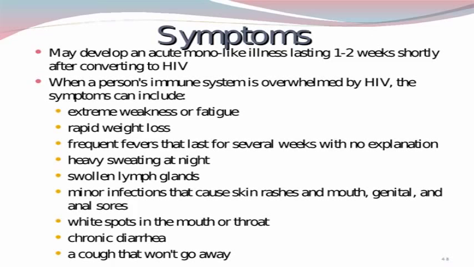You can get rashes in your mouth, things called thrush. In babies, we often see thrush. It's basically a yeast infection in the mouth. People with HIV very commonly get thrush. There can be genital and anal sores, chronic diarrhea, and a cough that just doesn't seem to go away. Those would all be signs that the HIV is progressing.